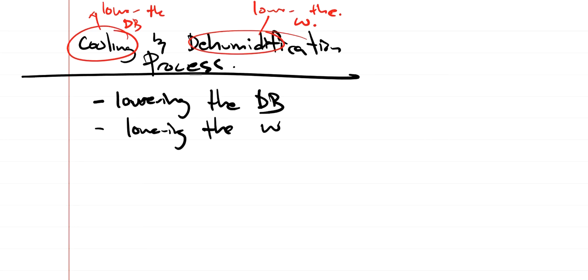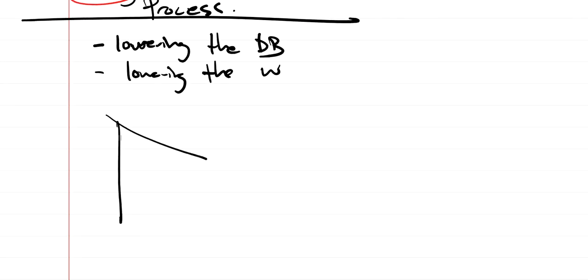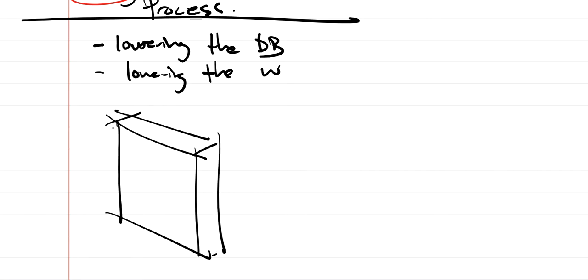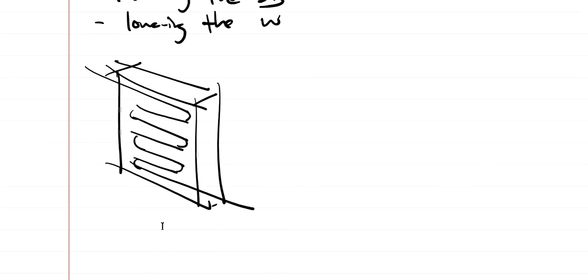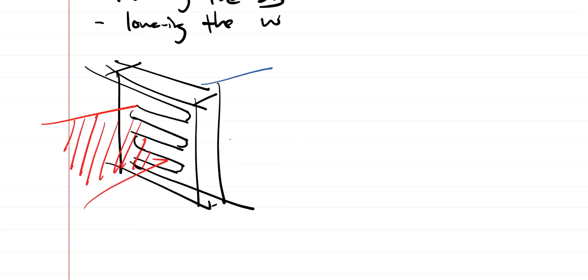Okay, so this can happen when, for example, we have an equipment with cooling coils, except that this time the temperature of the cooling coil is below the dew point temperature of the air. Let's say here's our air with high temperature, and then it exits at lower temperature.